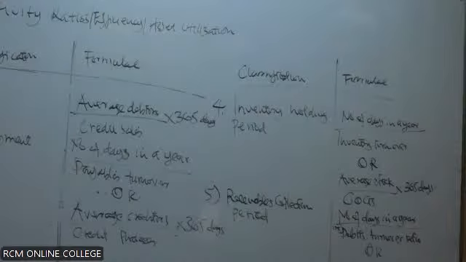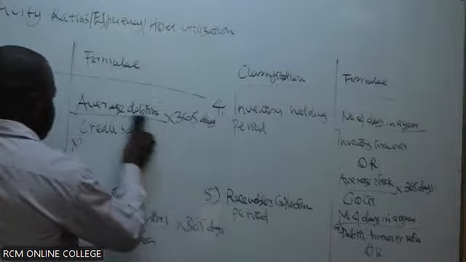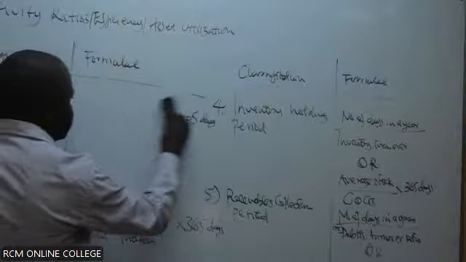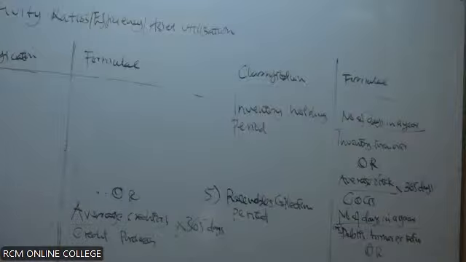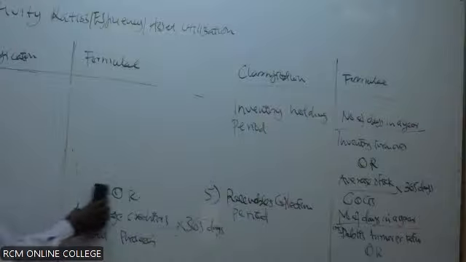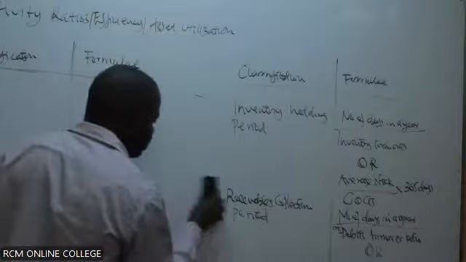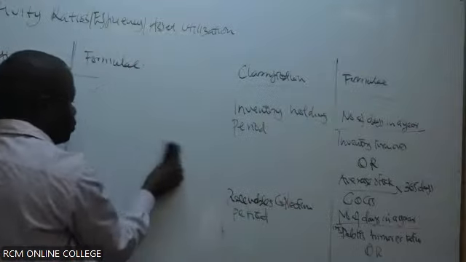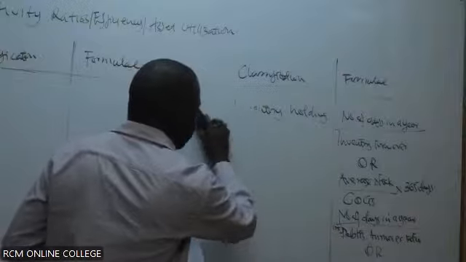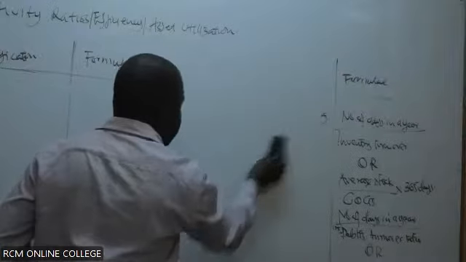So we can go to number 7. Hope you've been able to write this one already. We can go to number 7 and 8, so that we can wind up with category number 5, which is the final categorization of these ratios.